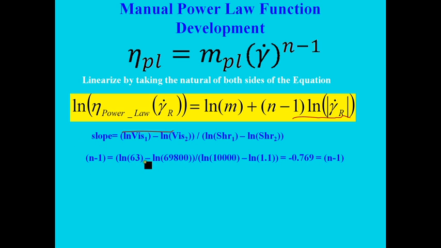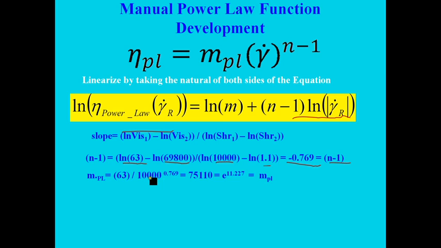We put in the viscosity at 10,000 reciprocal seconds and the viscosity at 1.1 reciprocal seconds from here, and we end up with a slope of 0.796, which is n-1.